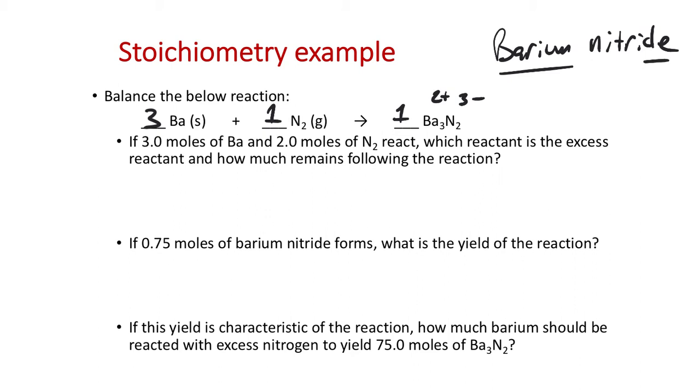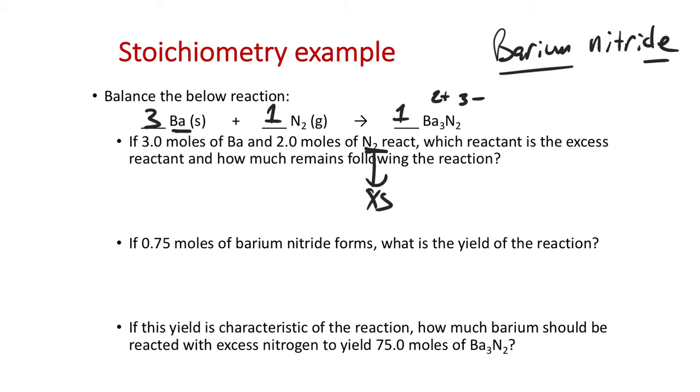But I think for this problem here, we can see we're supposed to have a 3-to-1 ratio of barium to nitrogen, and we have been given a 3-to-2 ratio. We have more nitrogen present than we really need in this reaction. Just by inspection, I have 2 moles here, and I only need 1 mole of nitrogen to react with 3 moles of barium, so the nitrogen is in excess.